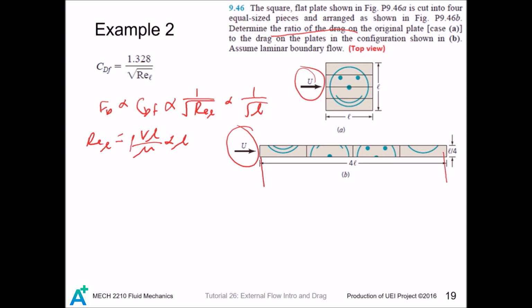And in case B, the length is 4 times longer, so that the drag force on the plate in case B is smaller than in case A, even though their areas are the same.